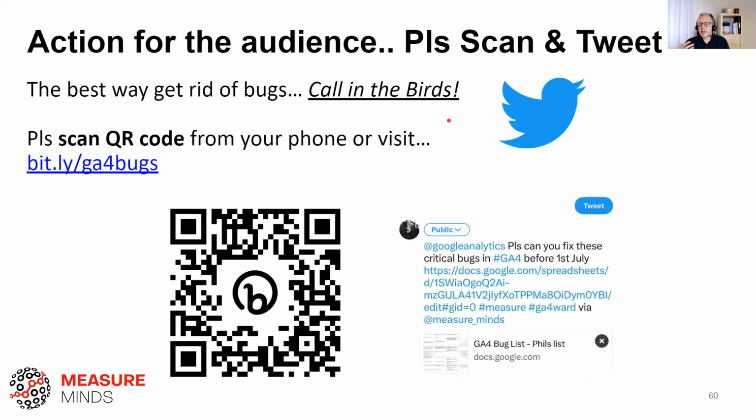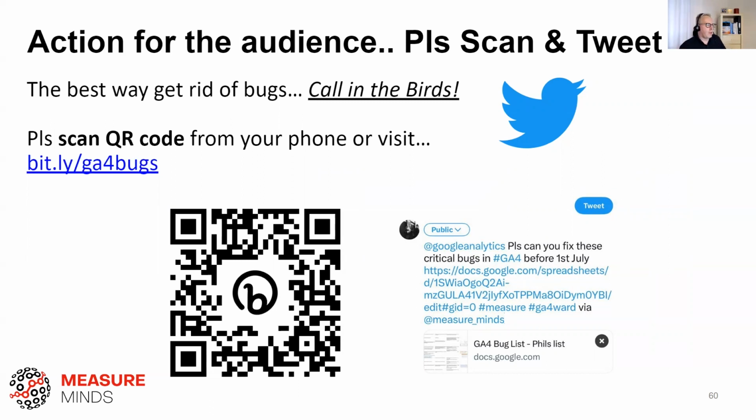So my request for the audience is we need to make Google aware of some of these issues with gtag.js and GA4. There's not really a great way in the interface of reporting JavaScript issues. There's the little feedback box in the bottom navigation, but it's really only for issues or bugs in the interface.